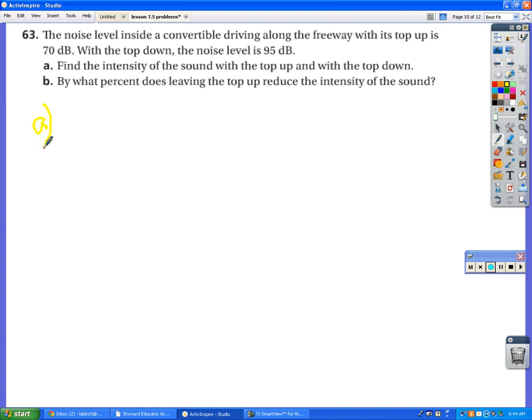So we used this problem before with the guys that were doing the construction work, to see if they were in violation of the code or not. Remember? It is 10 times the log of the intensity of the sound divided by I sub 0. And they tell us that I sub 0 is the sound of a whisper, which is 10 to the negative 12.